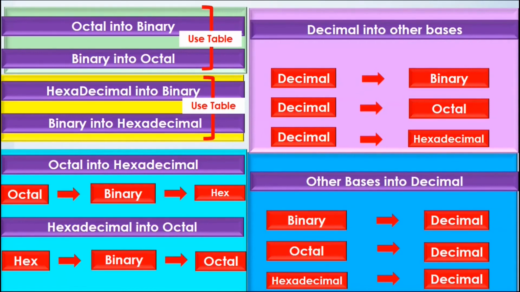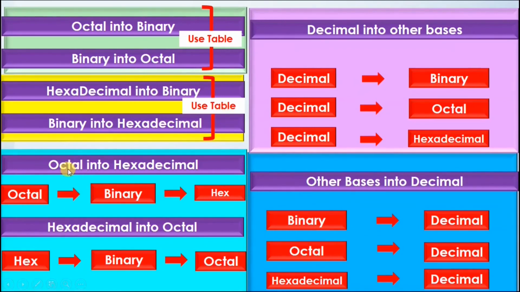So congratulations, we completed all of the conversions from one base to another, and here our course is almost complete. So let's summarize what we did in this course. First of all, we converted octal into binary and then binary into octal using table. In the next section, we converted hexadecimal into binary and binary into hexadecimal using table.